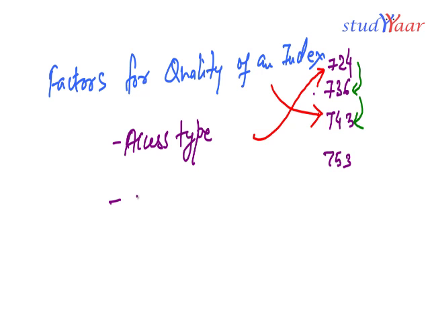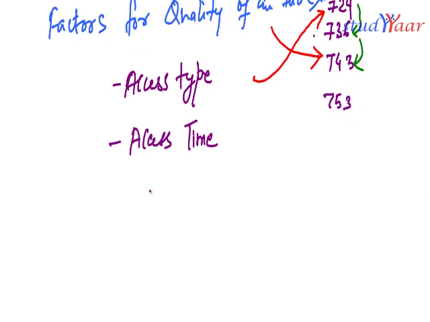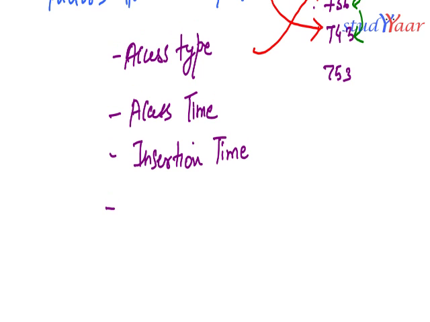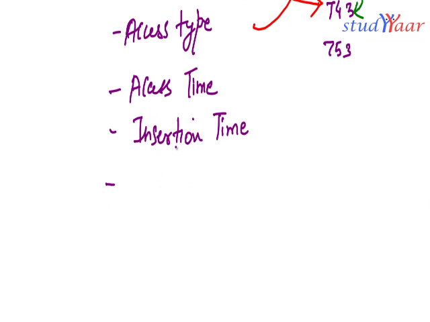Next factor is access time. How much time does it take me to find my record with the help of the index? Next is insertion time. Whenever a new record is entered in the file, how much time does it take for me to insert the details about this record in the index? How much extra time does the entry in the index cost? That is about insertion time.